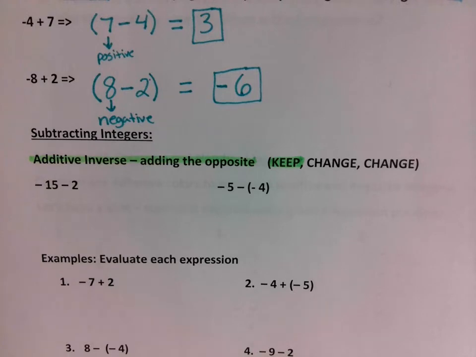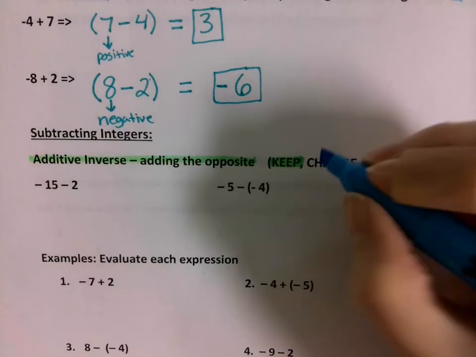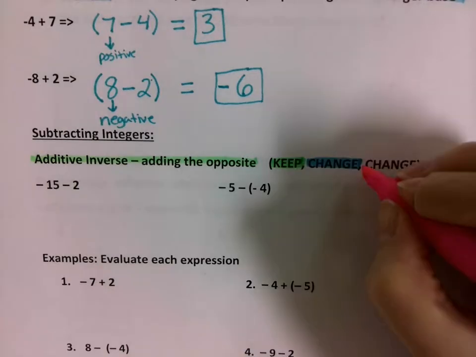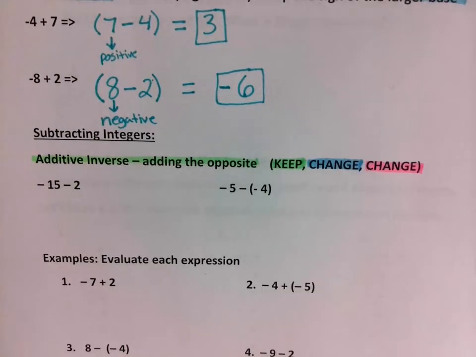You're going to change your subtraction to an addition. And then you're going to change the second value to the opposite of what it was. If it was originally positive, you're going to change it to negative. If it was originally negative, you're going to change it to a positive. That's how subtraction works. You're doing the additive inverse. Inverse means opposite.